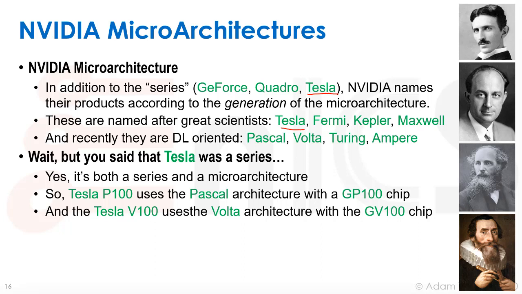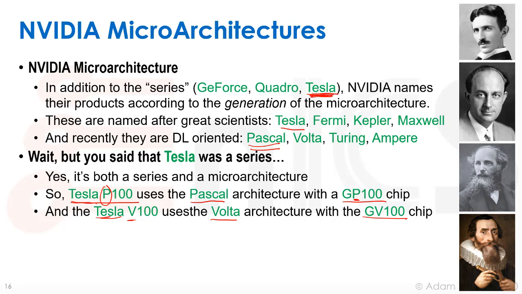If we take a card such as the Tesla P100, the P stands for Pascal, so it is in the Pascal architecture, but since it's a Tesla P100, it's a Tesla card for deep learning. It has a GP100 chip, and the P again is for Pascal. The Tesla V100 follows the same style: the V is for Volta, and we have a GV100 chip, but we call it Tesla because it's a Tesla series card for deep learning.